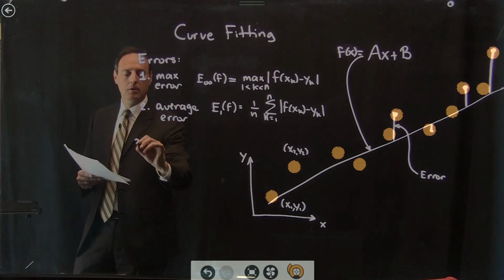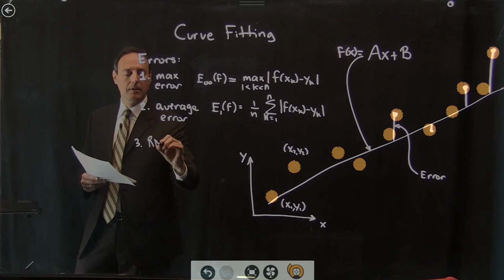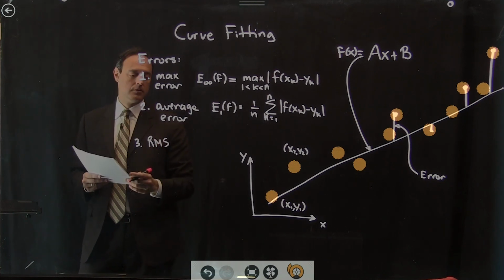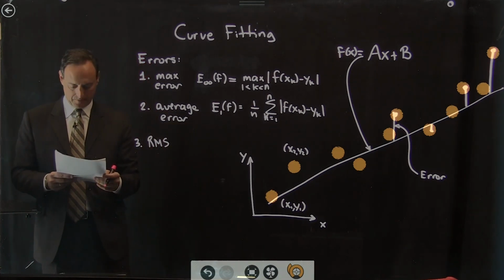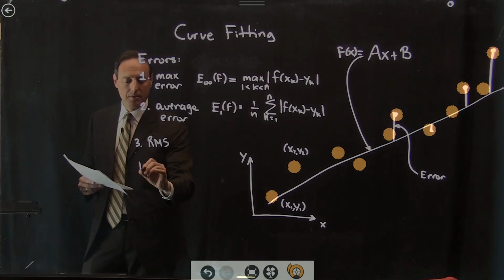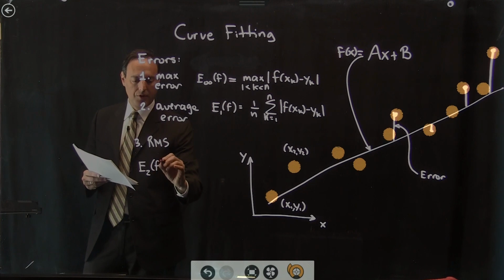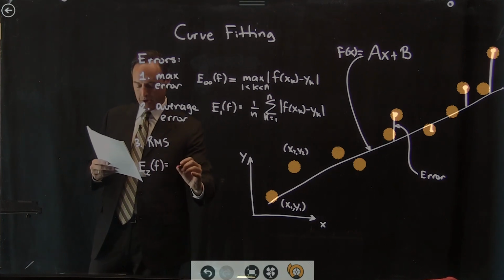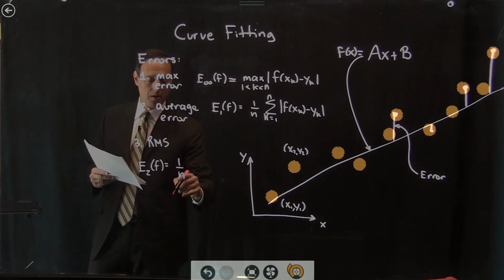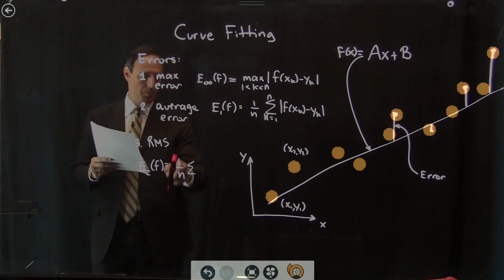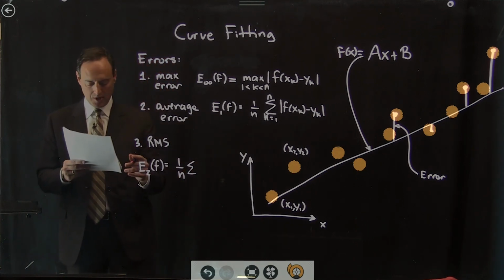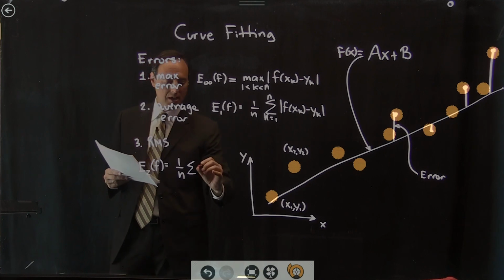A third one is the root mean square error, often denoted as RMS. It's very similar to the average error, except it's called the E2. What we do is take 1 over the number of points, so it's like an average, but not the average of the distance itself.